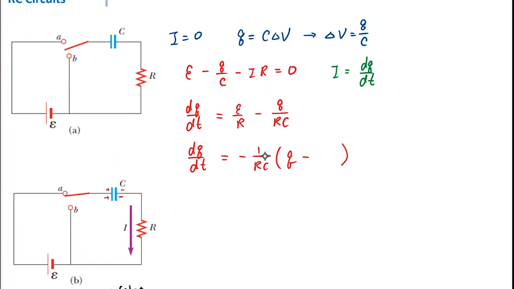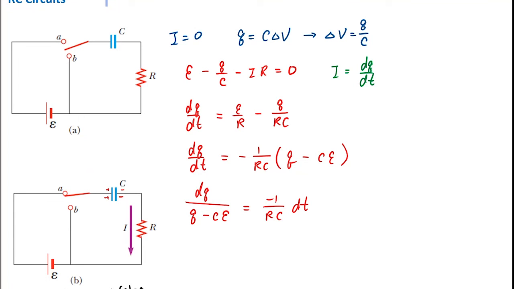You factor this out, so you multiply RC. Multiplying RC, R cancels, so you have CE. And then now we separate, so dq over q minus CE is equal to negative 1 over RC dt.